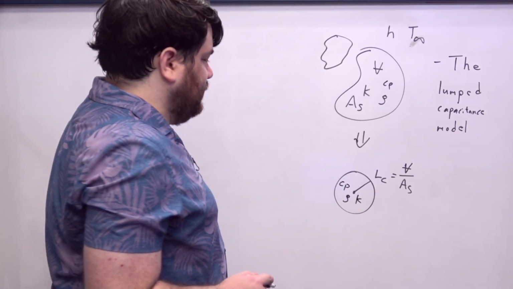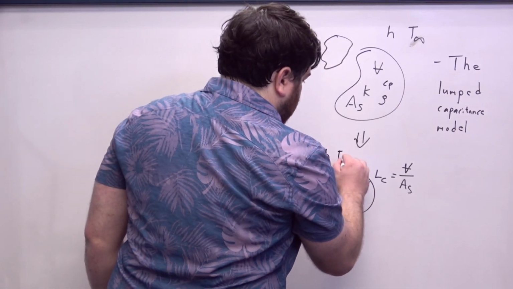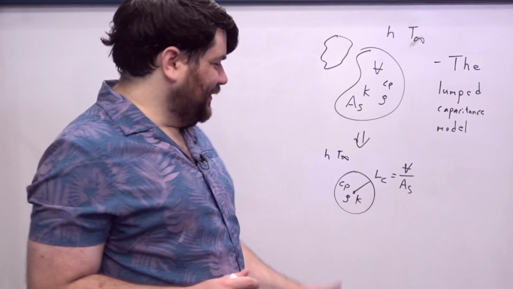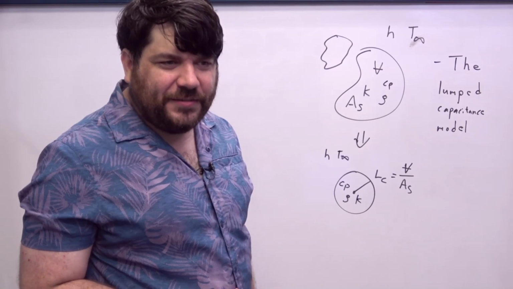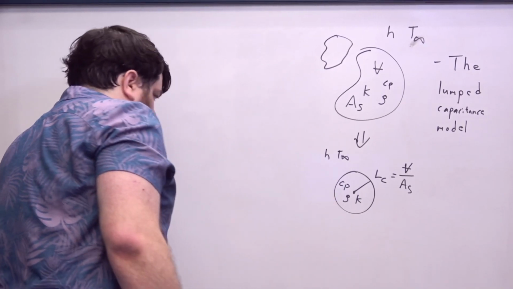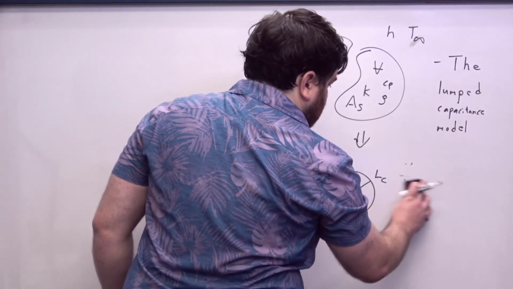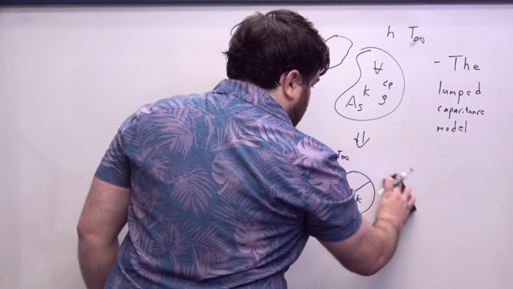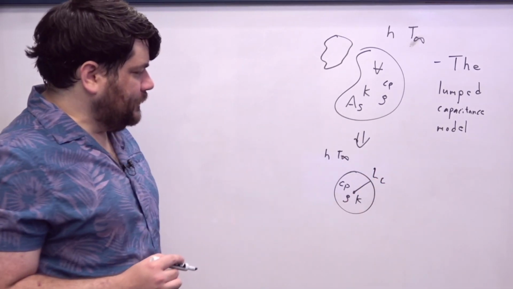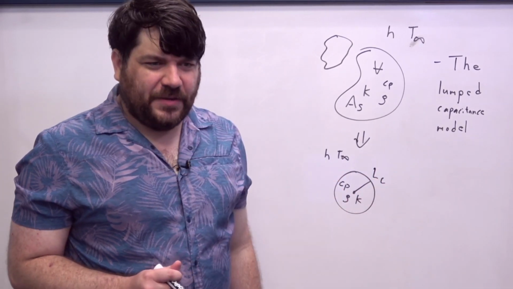All right? And it's exposed to a liquid with the same properties as well. So, how do we get an answer to this? Well, consider what would happen if I tried to do an energy balance right on the edge of this object.